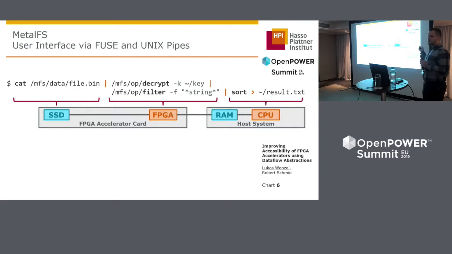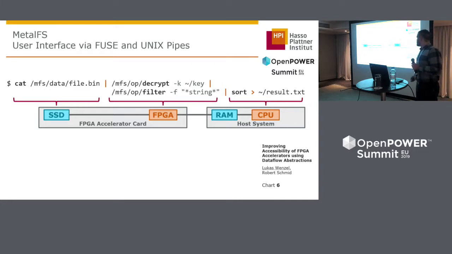In this case, we also add some kind of host-side processing to highlight that those things are interoperable. And in the end, we store the result of our operation on the file on the host system, which might be attached on some kind of spinning disk or SSD or whatever.